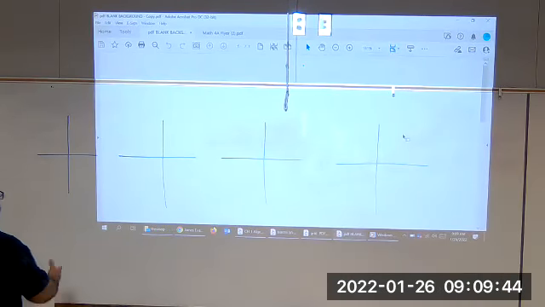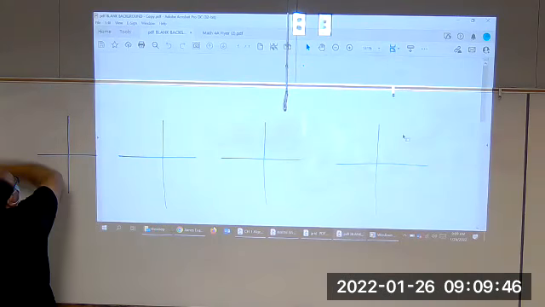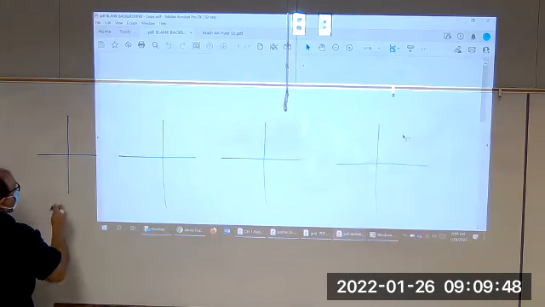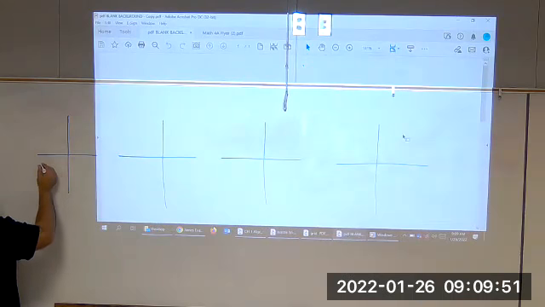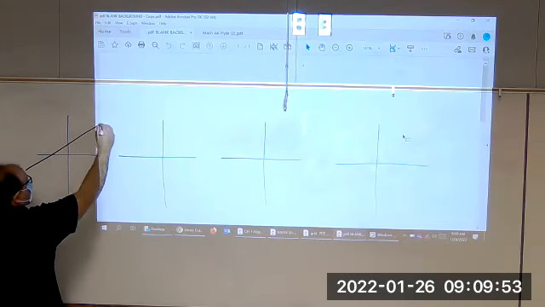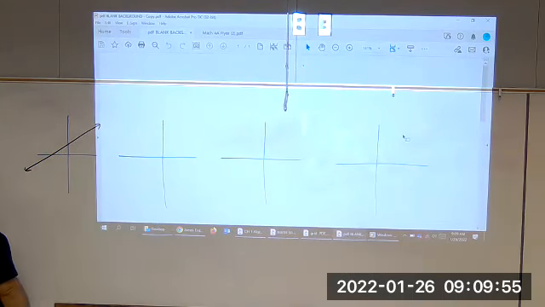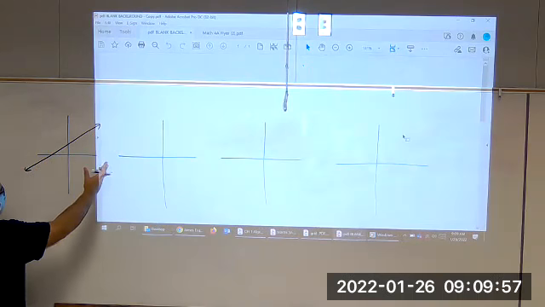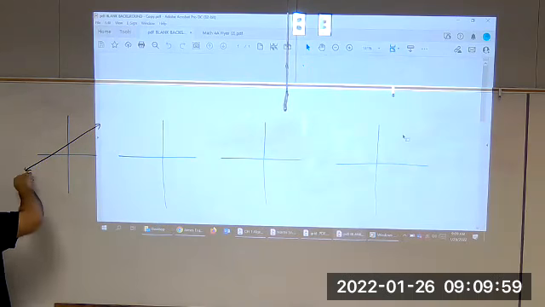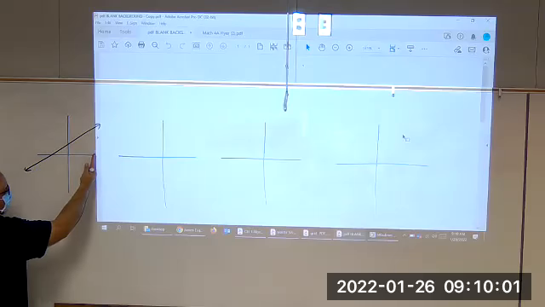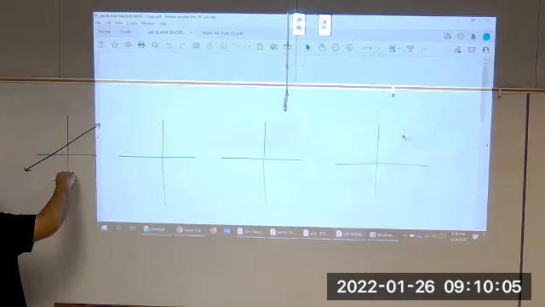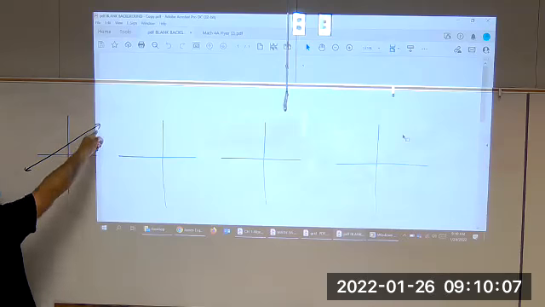So there are 4 different ways you can actually draw a line. You can draw a line from left to right that goes like this. As you go from left to right, the x's increase, and the y's get bigger.